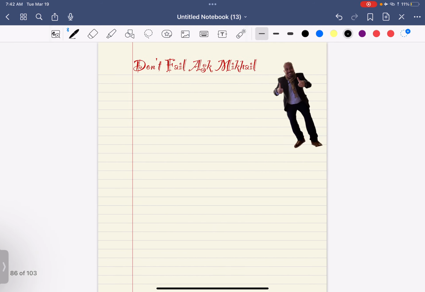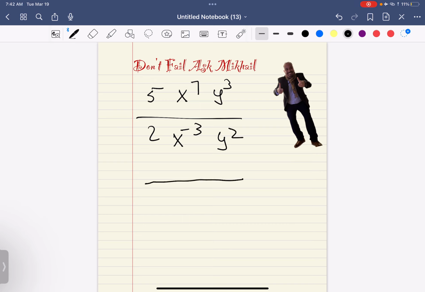Let me give you another example pretty quick. What if I have 5x to the 7, y cubed divided by 2x to the negative 3, y squared? So I'm going to follow the same thing. 5 over 2, I have x and y. Do the same thing. Exponent of the top is 7, then minus the exponent of the bottom, copy the exponent, negative 3.